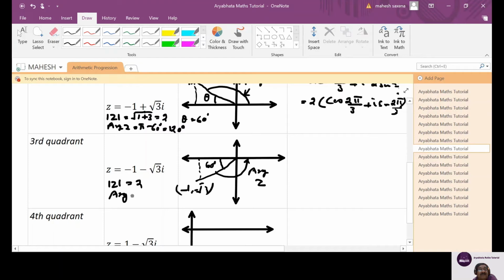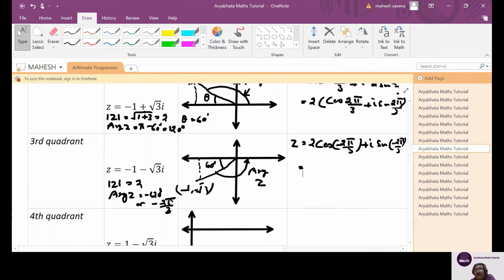Argument z, in this case, is 180 plus 60, that is minus 120 degrees, or minus 2 pi by 3. So in this case, z is equal to 2 cos minus 2 pi by 3 plus i sin minus 2 pi by 3.